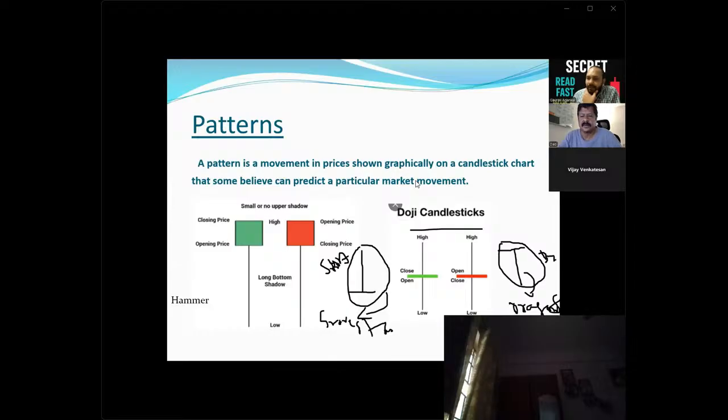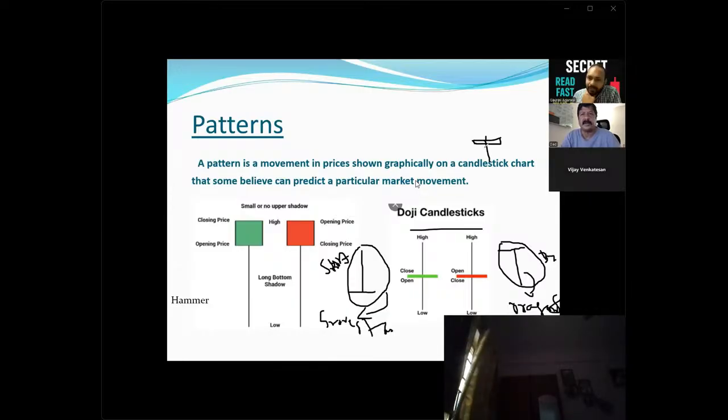Sometimes you may see a mix of hammer and doji also. The T candle will be like this, and there will be a small wick at the top sometimes, and a small body will also be there. Like this, you can consider it a hammer.